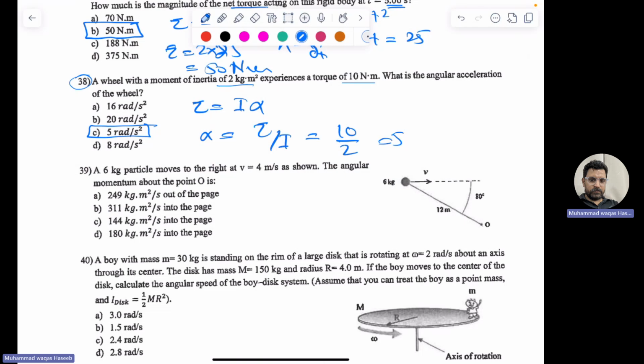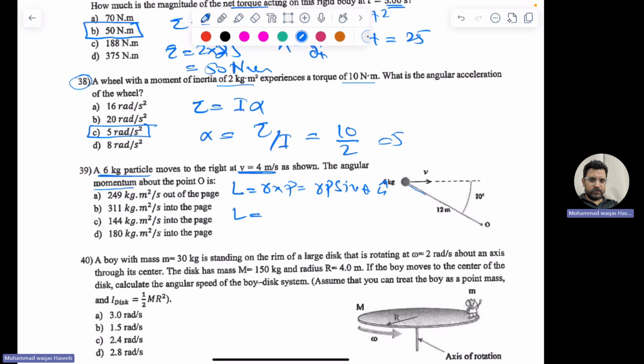A 6 kilogram particle moves to the right with this velocity. Find the angular momentum. Angular momentum is r cross p, which is r p sine of theta. Or the unit vector in the direction. So r p sine theta.